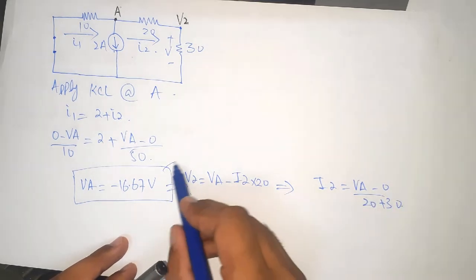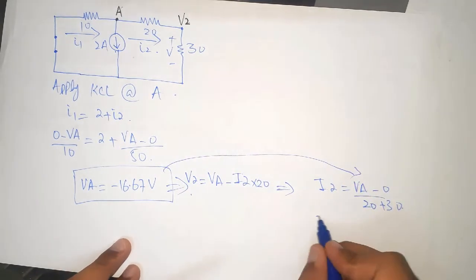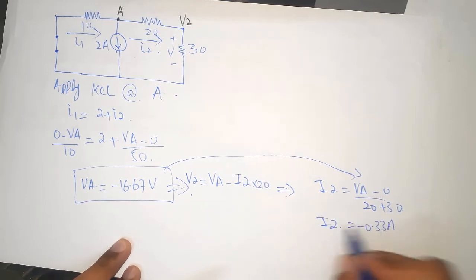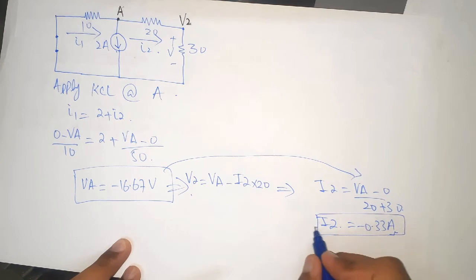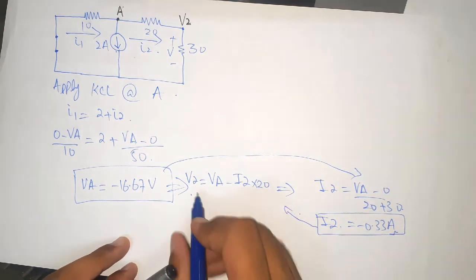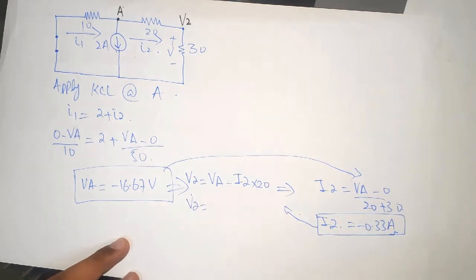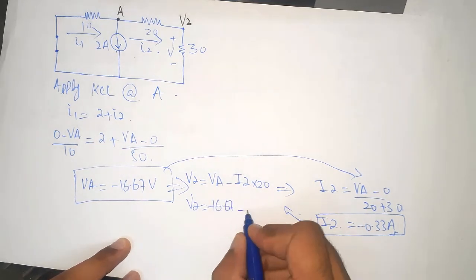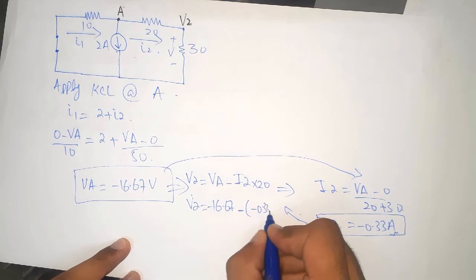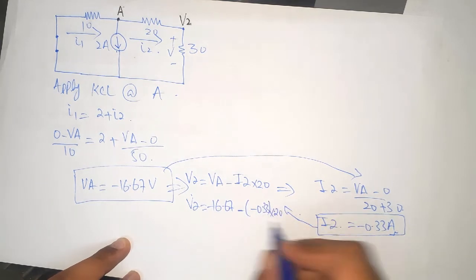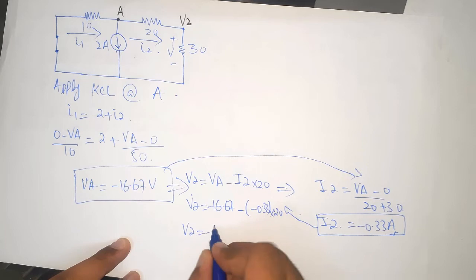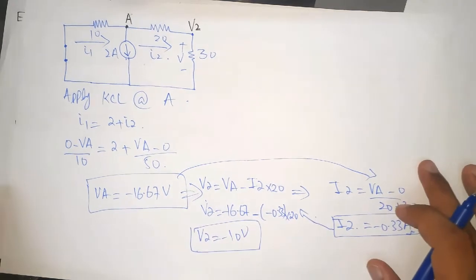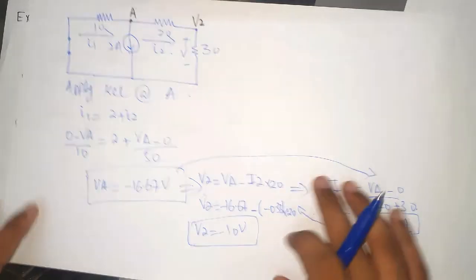Put the value of VA here. So I2 becomes minus 0.33 ampere. We'll put this I2 value in this equation. So V2 becomes minus 16.67 minus minus 0.33 into 20. So V2 becomes minus 10 volts. Now our second step is done. The voltage across 30 ohm is minus 10 volts.